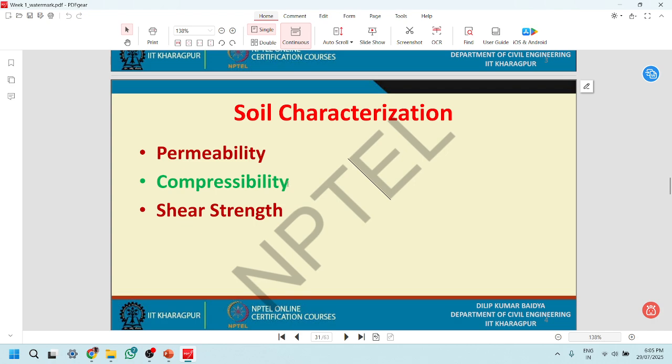What we usually do in solid mechanics is define moduli: an elastic modulus, a bulk modulus, and that is the same with soil also. We try to quantify the stiffness or the strength of soil by defining either moduli or other parameters, and then shear strength.